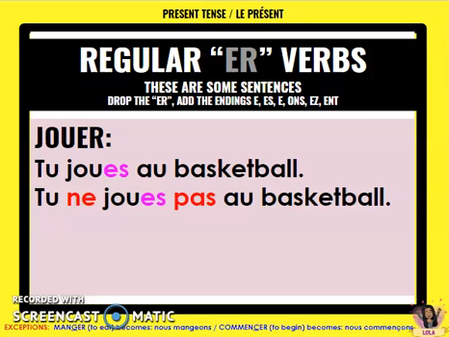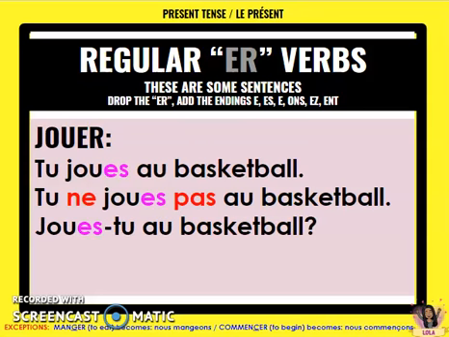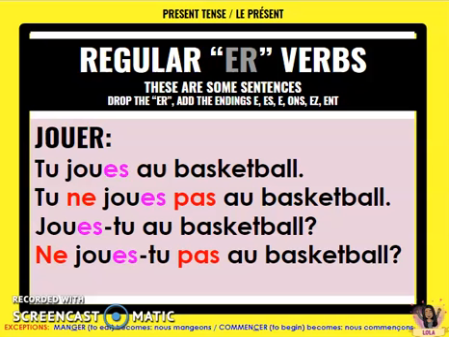This obviously is in the negative form. So you do not play basketball, or you are not playing basketball. In the inversion form, joues-tu au basketball? Do you play basketball? And finally, negative interrogative. Ne joues-tu pas au basketball? Do you not play basketball? Or don't you play basketball?